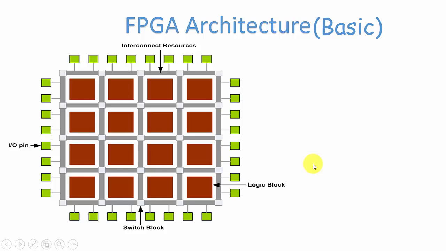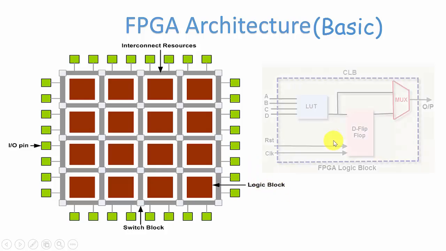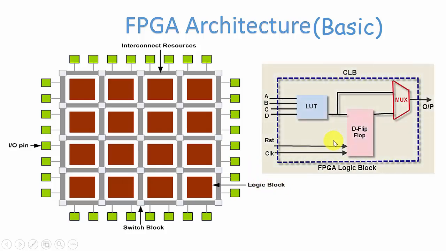Now we will go through the logic block. Let us discuss what is present in it. A configurable logic block contains majorly these three components; additionally some gates may be used. The components are the lookup table (LUT), the D flip-flop, and the mux.